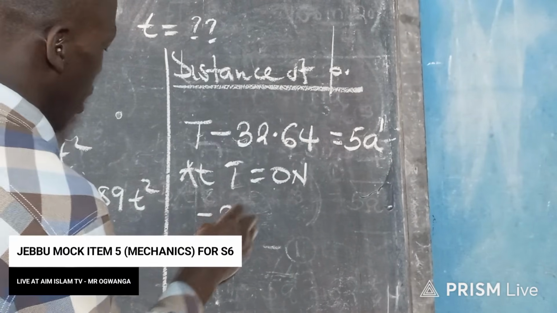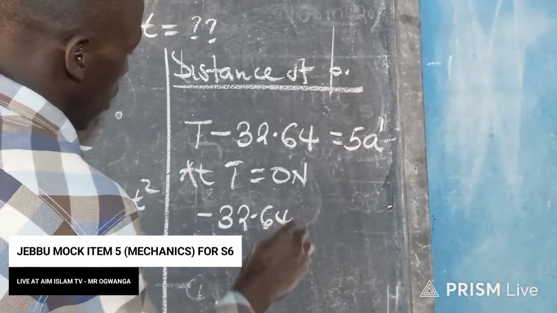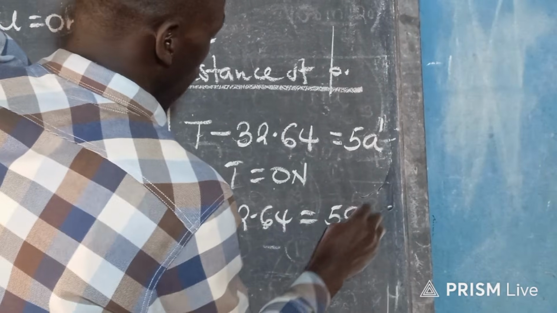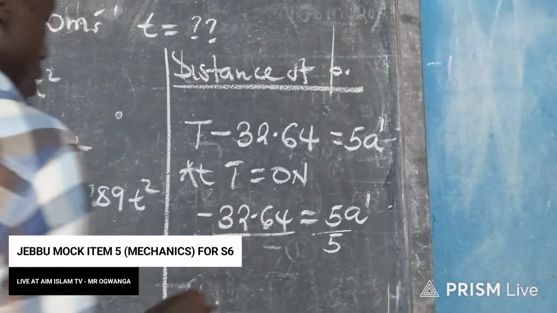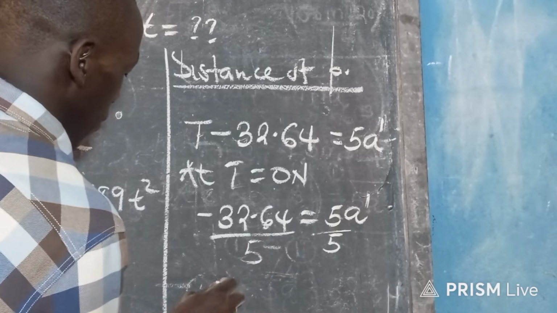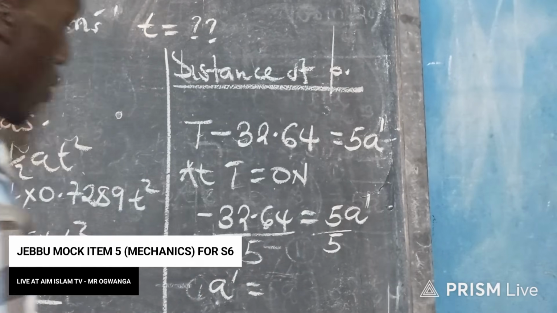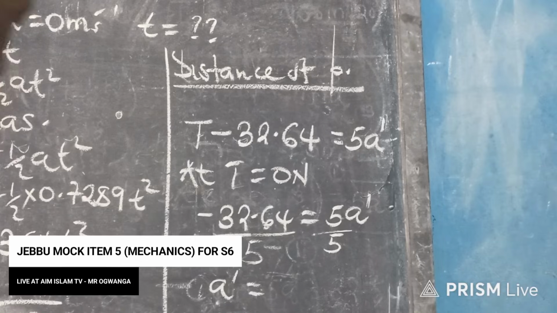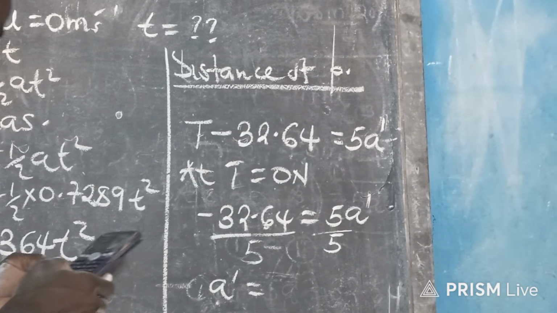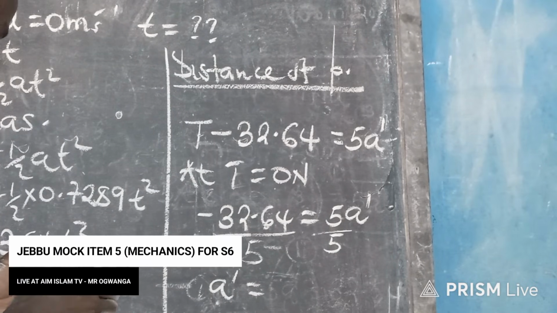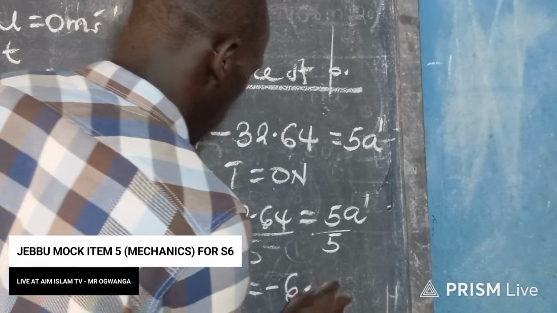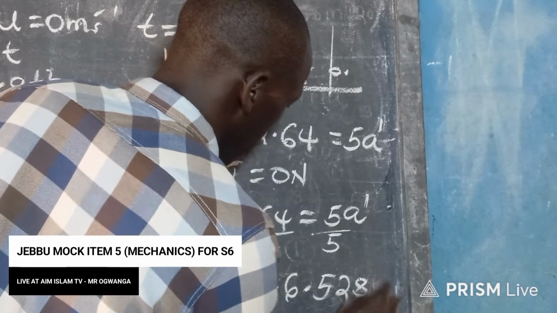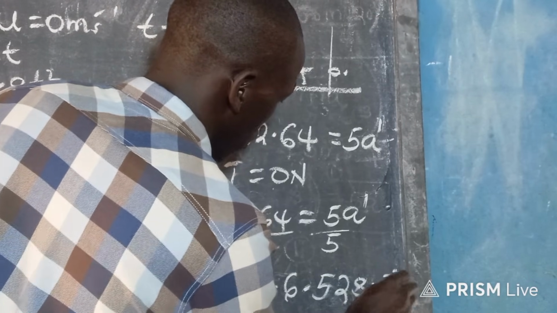So you have negative 32.64, which will be given by 5F'. That F' is the same as the deceleration. So you divide by 5. That's our deceleration here. If I divide 32.64 by 5, this is negative 6.528 meters per second squared.